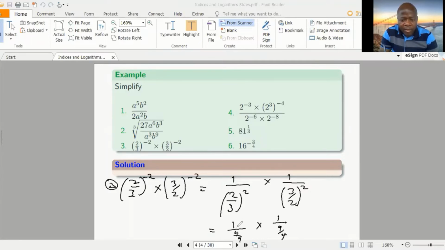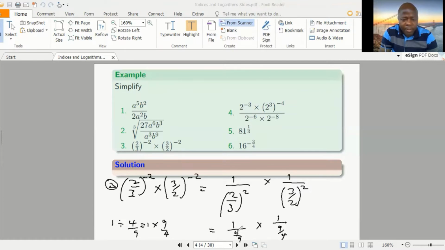And you know how to divide this. This one, if you're doing it, what I have there is something like this: 1 divided by 4 out of 9. And we know what to do here. We change this division to multiplication and change this to its reciprocal. That's what we're supposed to do.